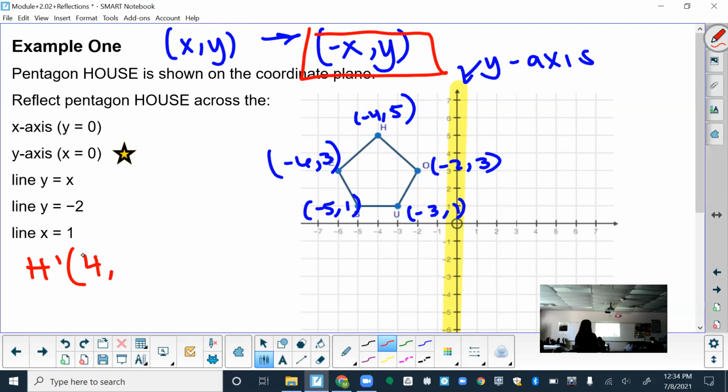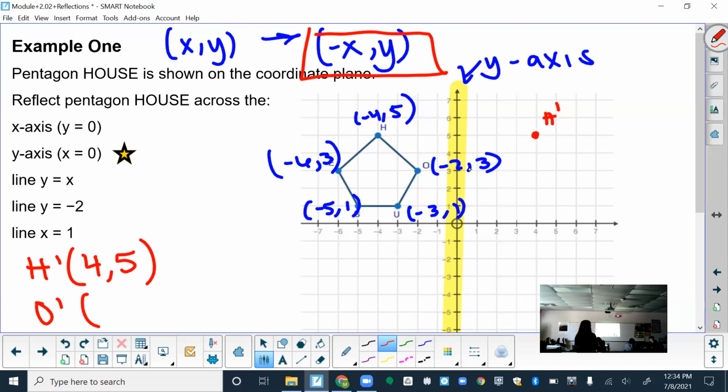Good, it should be 4, 5. All right, so this minus sign just means you're switching the sign. Since it's already negative, now we're making it positive. All right, and the y value stays the same. So my H prime should be right here at 4, 5. Make sense?